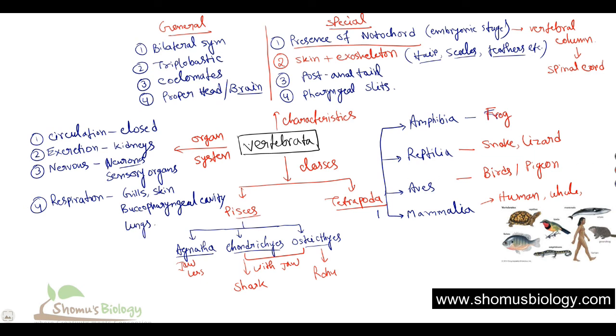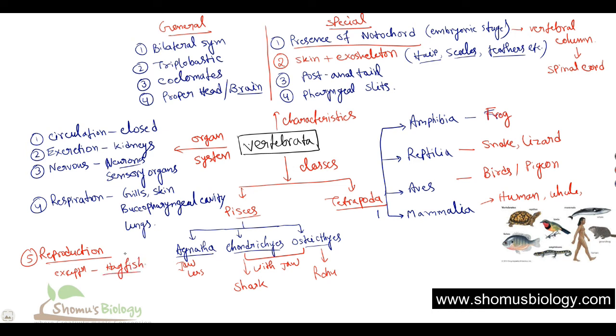Now what about reproduction? Because I write reproduction separately. Sexes are separate, so we have male and female separated for all of them, but there is only one exception, and that is hagfish. Hagfish don't have male female separation.